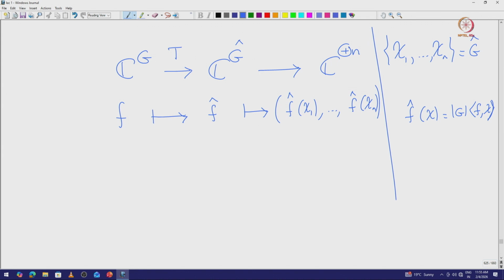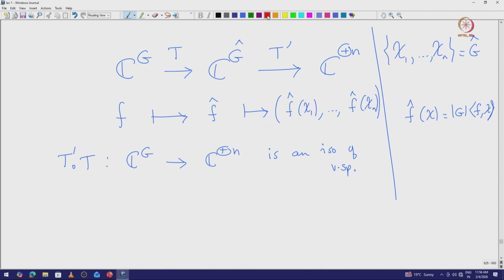So, the same isomorphism can be replaced with this new map. It is not very difficult to see this new map is an isomorphism of vector spaces. This composition T dash is a map from C G to C direct sum n, an isomorphism of vector spaces.